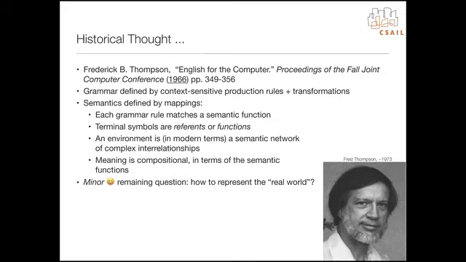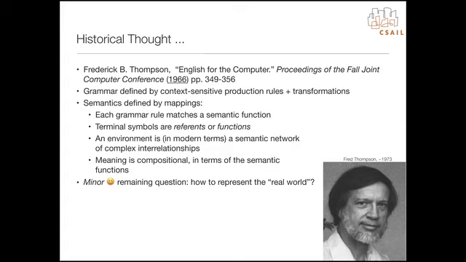So let me give you a little historical note. So this happened to be work that was done by my PhD thesis advisor, the gentleman whose picture is on the slide there. And he published this paper in 1966 called English for the Computer in the proceedings of the Fall Joint Computer Conference. This was the big computer conference of the 1960s.